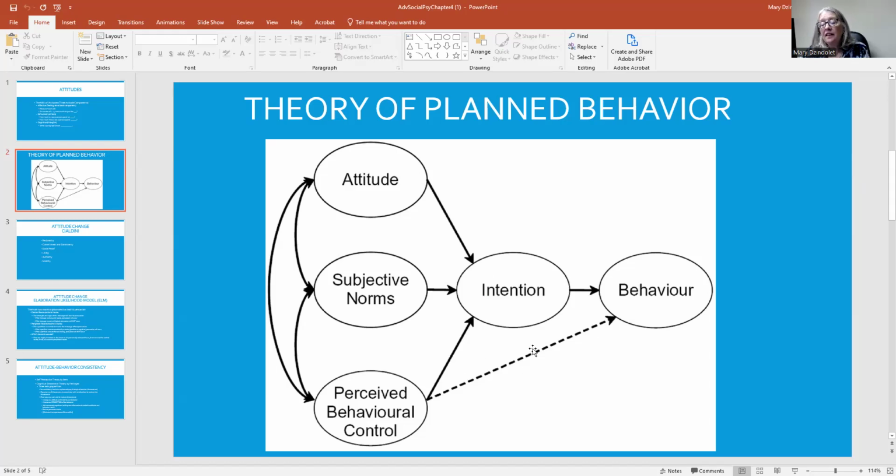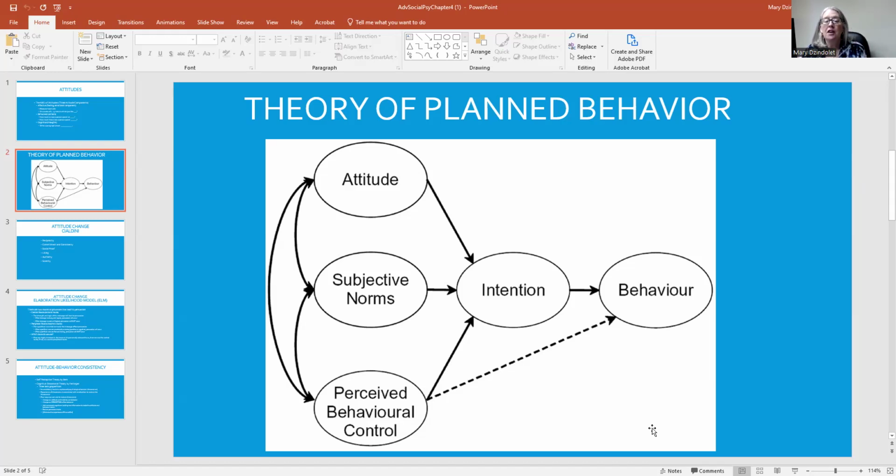So when we talk about the theory now, we include a line here. I made the line dotted so that I could teach you that that wasn't part of the original theory. But now that you know that, you can make that a solid line and go, okay, this is the theory that the research backs up.